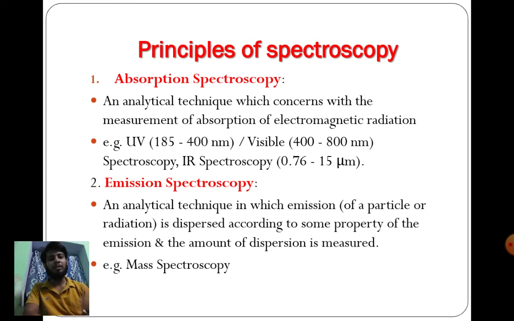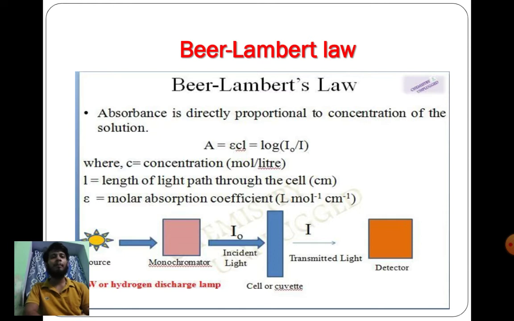In emission spectroscopy, when a substance emits light of a certain frequency or wavelength, it is considered emission spectroscopy, for example mass spectroscopy.